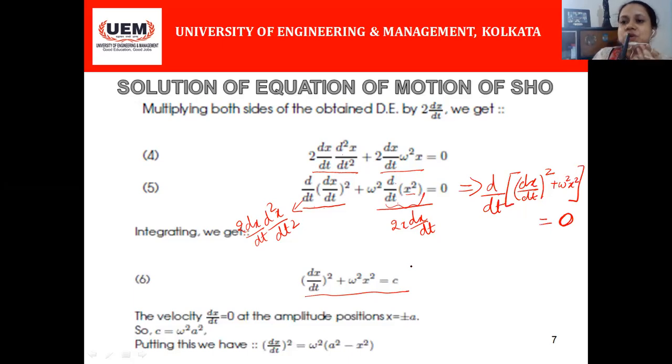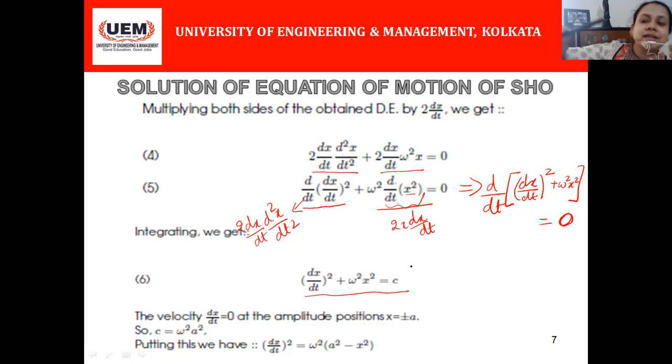When our particle is performing simple harmonic motion and it is at one of the extreme positions, what happens? The particle moves to its extreme position from the equilibrium position. Then after moving to its extreme position, it turns back and comes back to its equilibrium position.